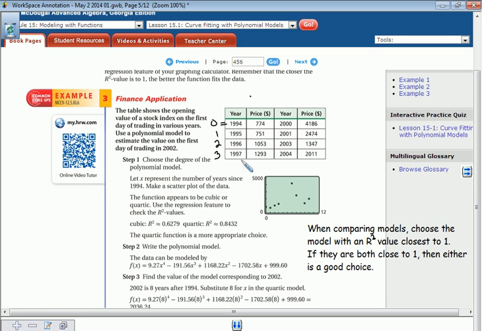So 98 would be 4, 99 would be 5, so this would be 6, 7, skipped 8, 9, and 10. So that's what we're going to do. We're going to enter this for our X values, this for our Y values, and let's do that together now.